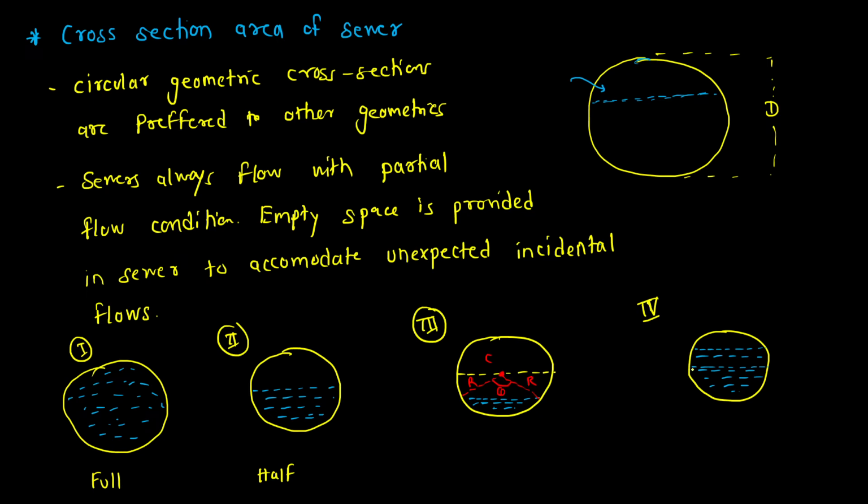We'll draw the diameter which is at 50%, take the center of the circle and draw these lines up to this point. This is the radius and the angle which is subtended here is alpha. Based on this we'll calculate the other parameters. So this is less than half and this is more than half.